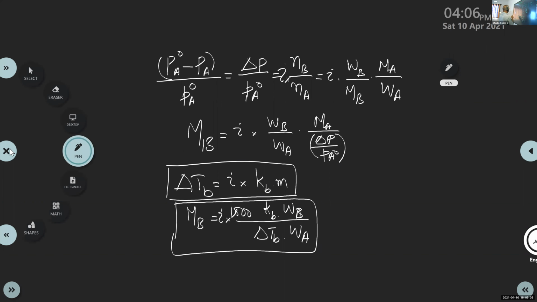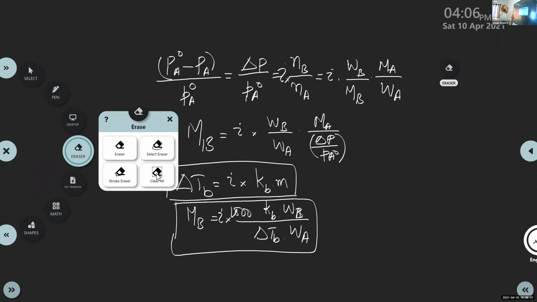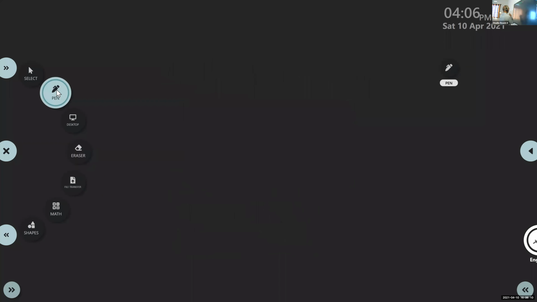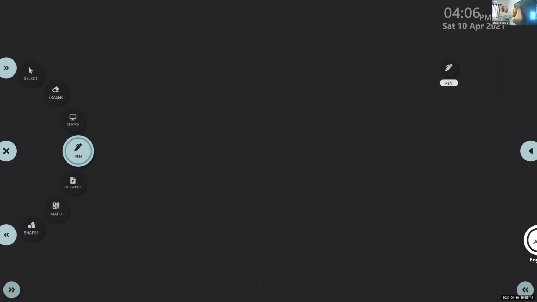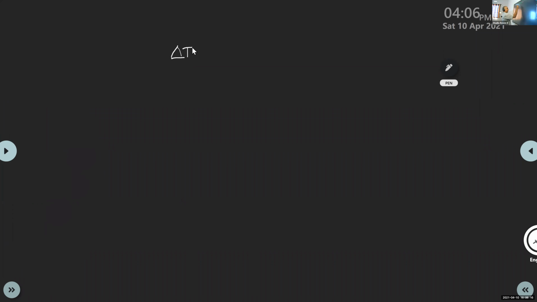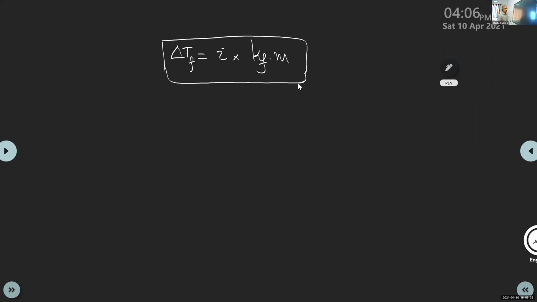Similarly, you take the other relation. We have seen two more equations. Depression of freezing point: delta TF is equal to KF into m. That is the normal equation. Now you multiply this with I. So you get a new equation with the Van't Hoff factor.